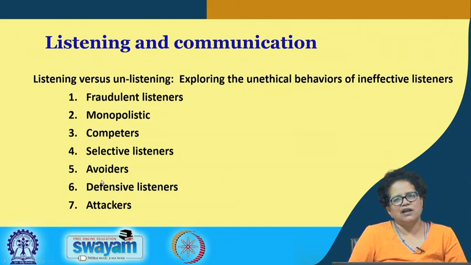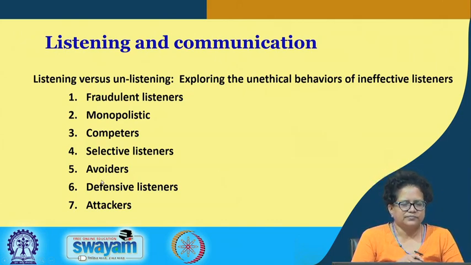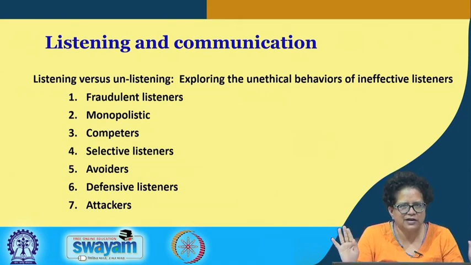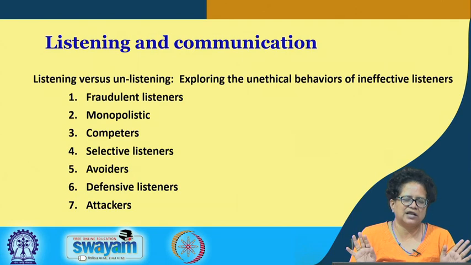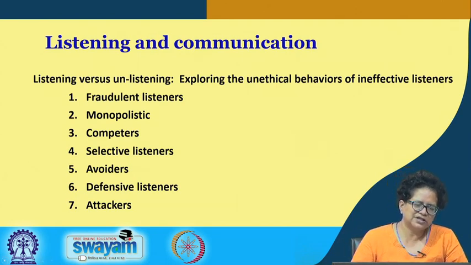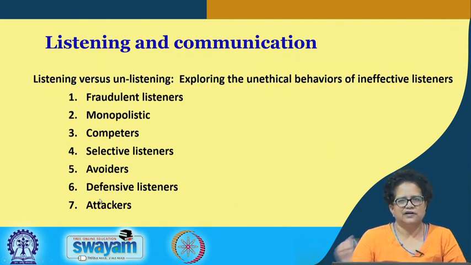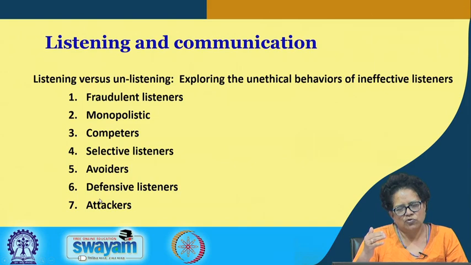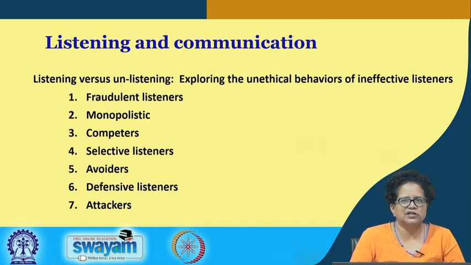Then you have the fifth one, which is the avoiders. These are some people who may need counseling. In fact, these are those who avoid listening. They are mentally withdrawn. Psychologically also they have shut their doors, their mental doors, and they would not listen. Number 6 is defensive listeners. Defensive listeners are those who are making mental notes. They may even be writing it down in a notepad or whatever.